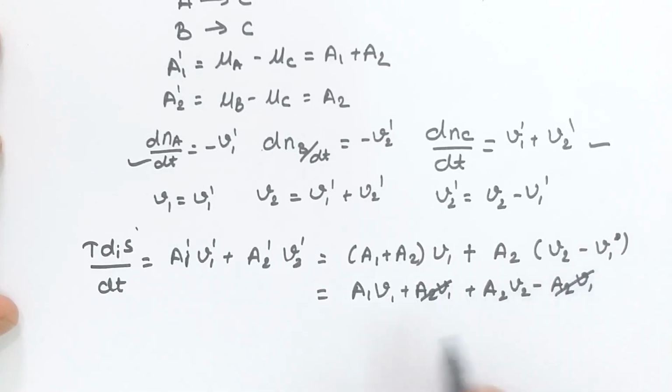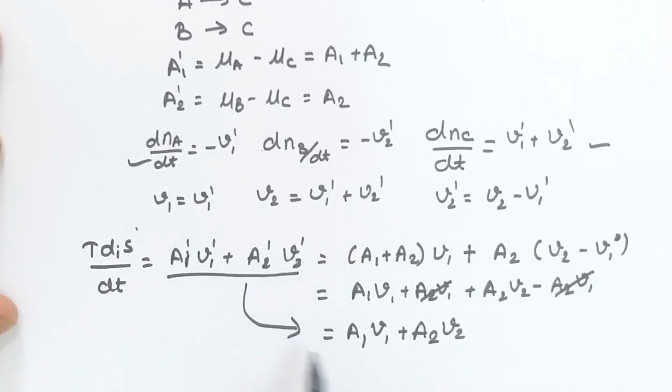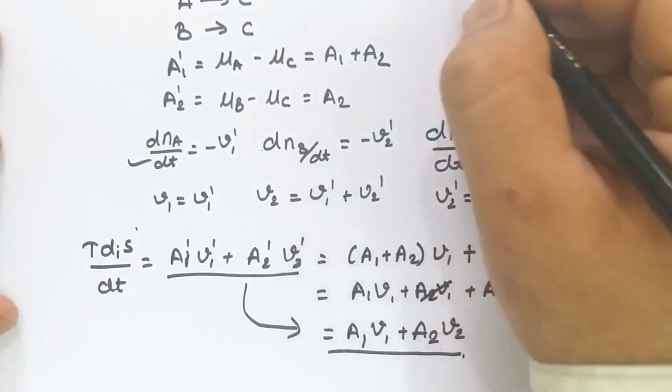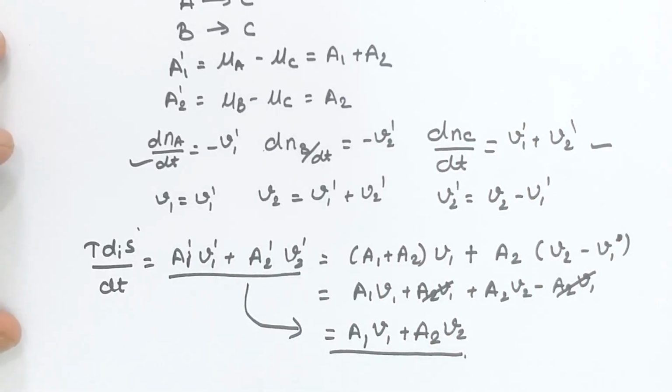Over here both these terms will cancel out, and we are left with A1 nu1 plus A2 nu2. Okay, so this expression is similar to our expression number 1 which we got. So over here we can see that the entropy production which we are getting for the new set of reactions is the same.